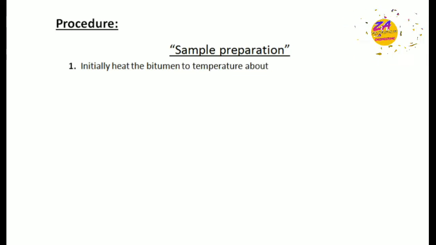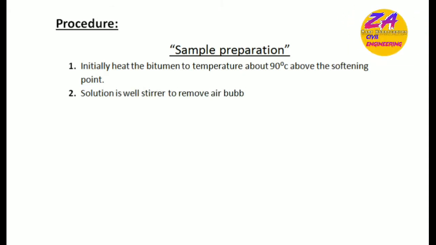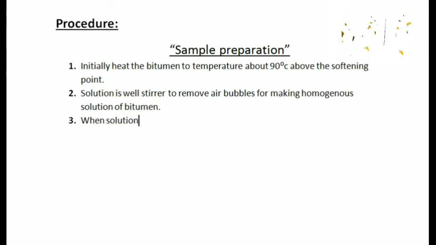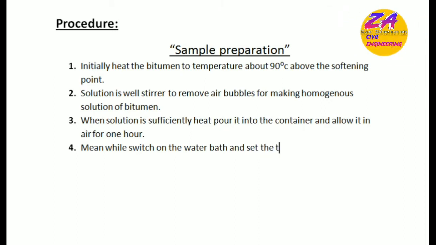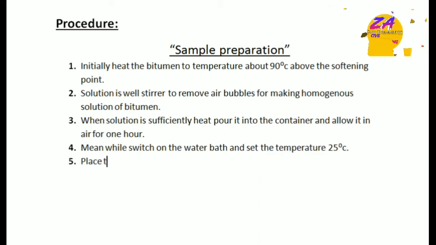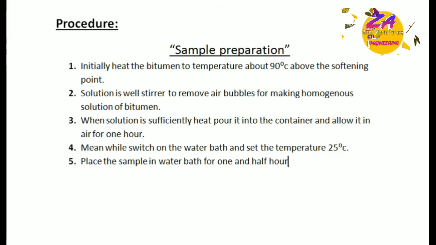Initially heat the bitumen to a temperature about 90 degrees centigrade above the softening point, and then stir the solution well to remove air bubbles and make a homogeneous solution of bitumen. When the solution is sufficiently heated, pour it into the containers and allow it to cool in air for 1 hour. Meanwhile, switch on the water bath and set the temperature to 25 degrees centigrade. Place the sample in the water bath for 1.5 hours.